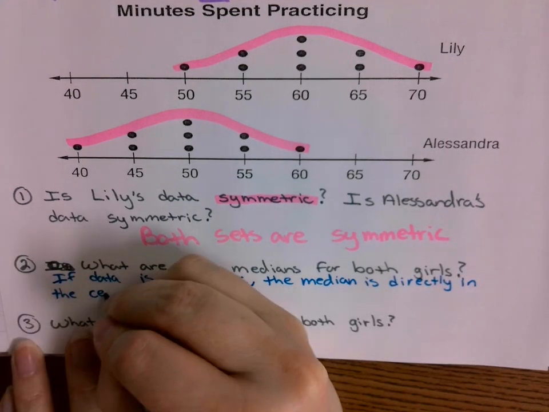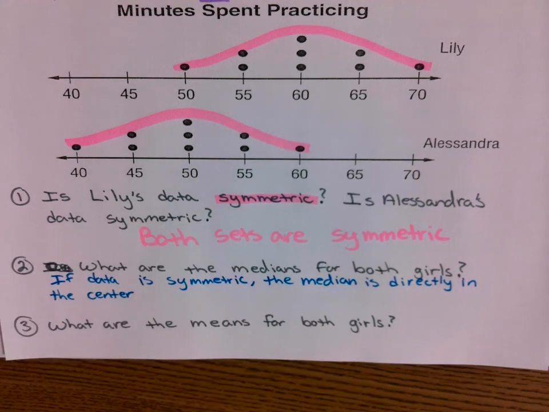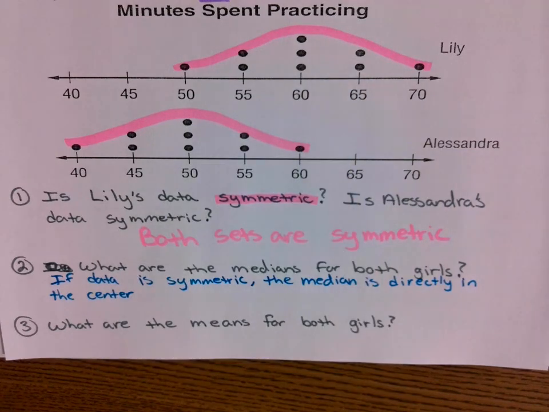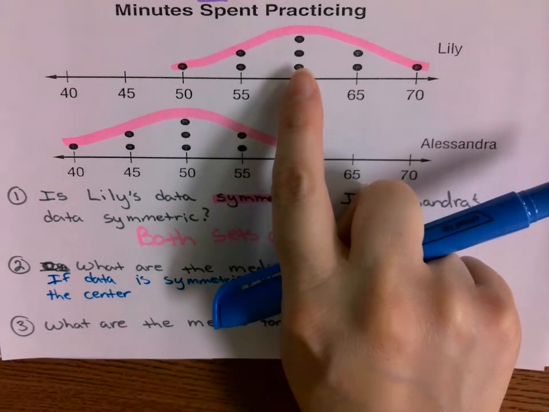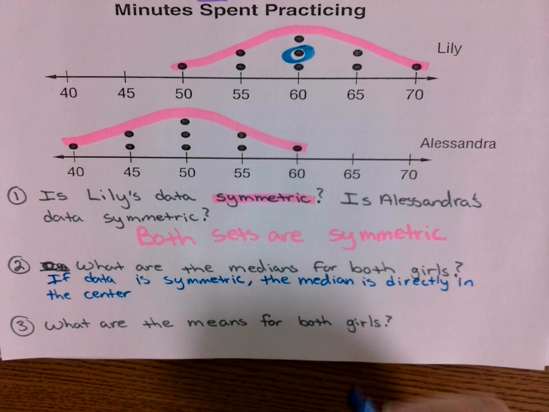So with that being said, knowing that these are symmetric data sets, and I said that the median is going to be directly in the center, what is the median going to be for Lily? What's the center value here? 60. Look at it. 60 is going to be the value that is in the center here. So Lily is going to have a median of 60.